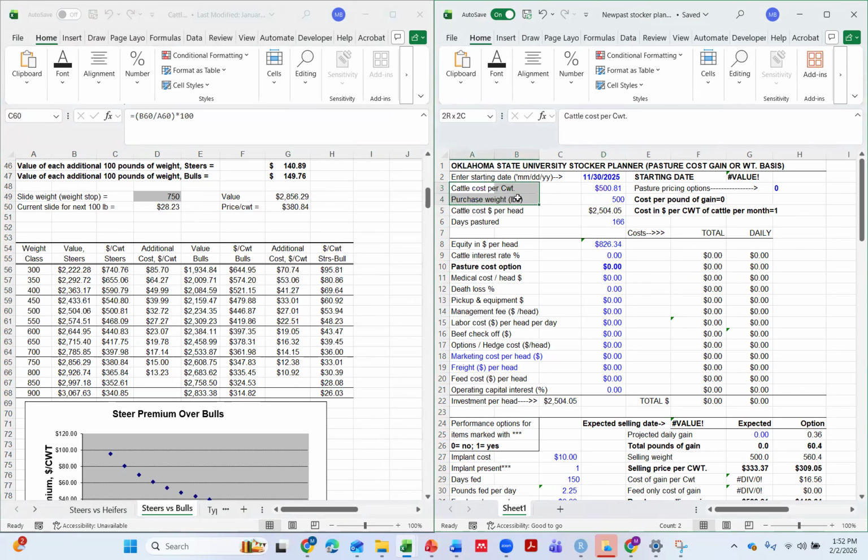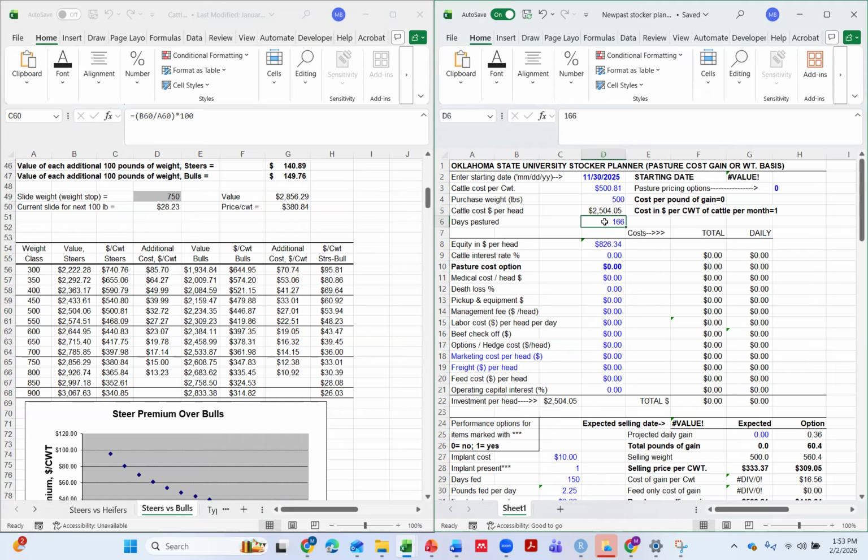So this is cattle cost. The initial cattle purchase cost per hundredweight goes into this cell. So the cost of that animal is 500 times 500 divided by 100. That animal cost me $2,500 to purchase.